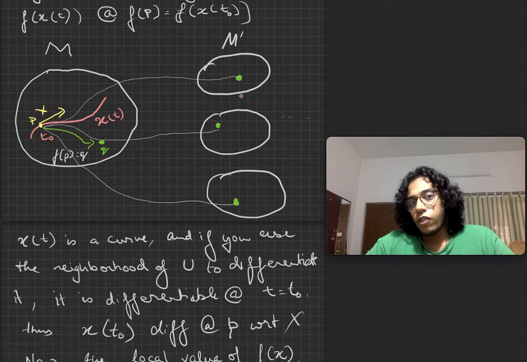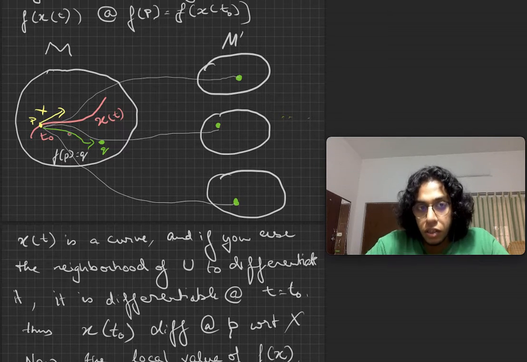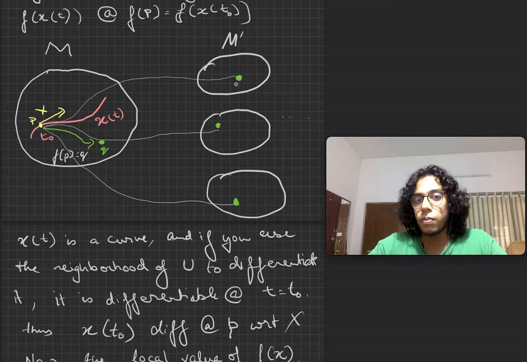You have several different ways you can take the map. With this f of p, you don't know what exactly this space is until you define M dash. So you can have several ways of mapping this q onto the new M dash, which is essentially saying that you are taking p, transforming it and mapping it to M dash.